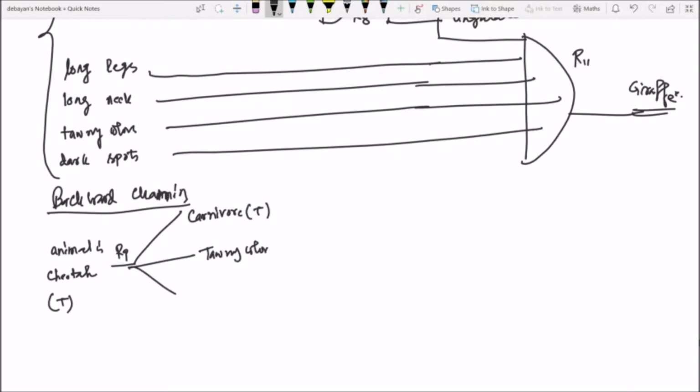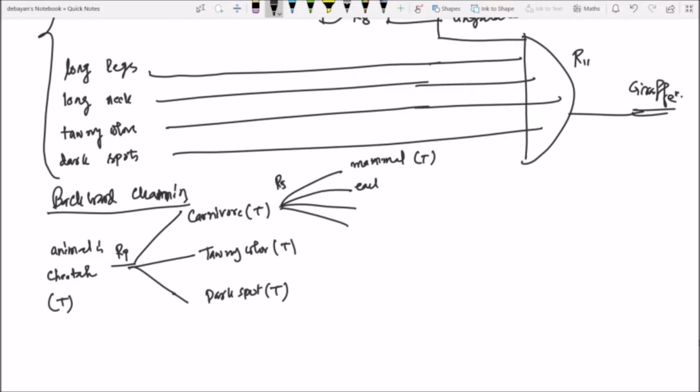Tawny color, if we find it true, and dark spots. And then if we fire some rules, for carnivore there is rule 5, and we match like that. If it is a mammal, it is true; whether it eats meat or not, say false.